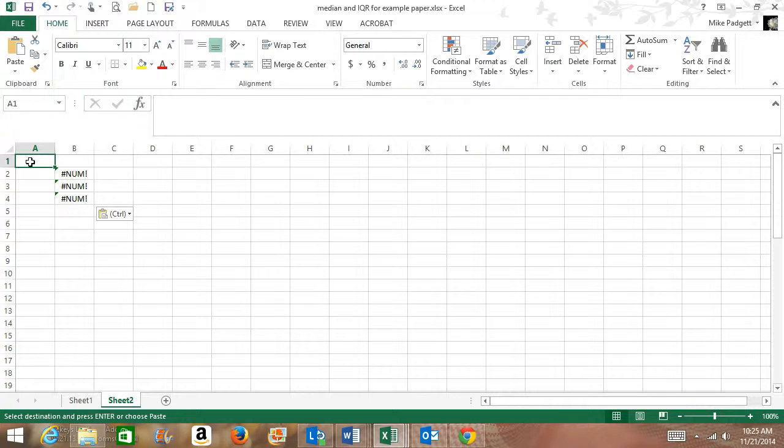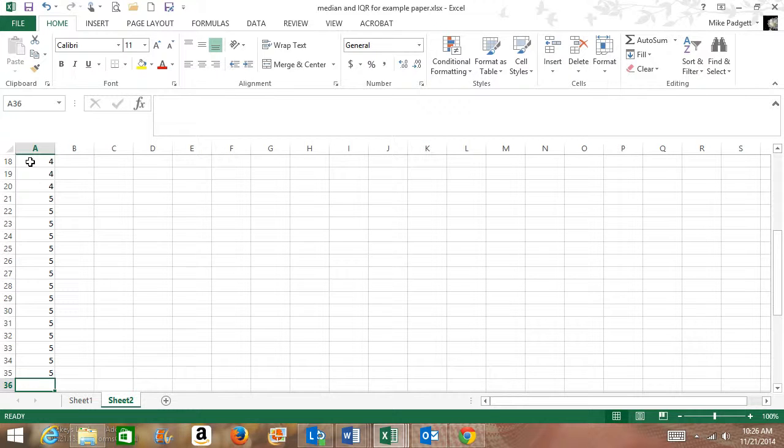Remember I said we had 3 1s, 3 2s, then 7 3s, 7 4s, then 16 5s, then 10 6s, and then 4 7s.